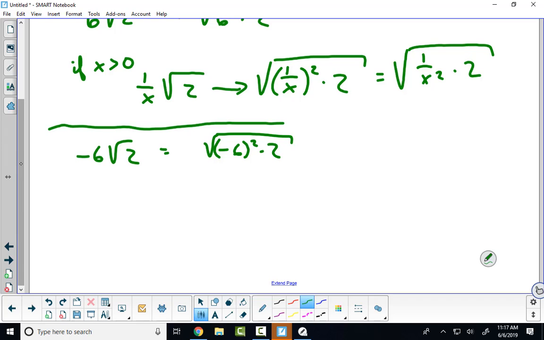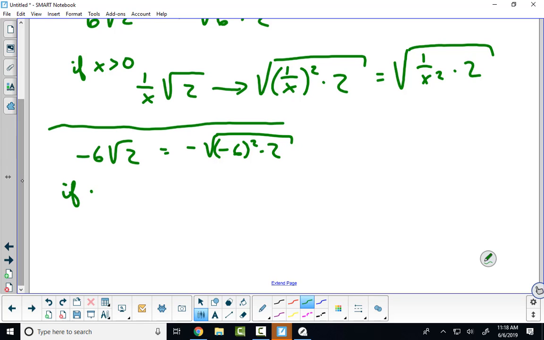Everyone see that? I brought it in and I did what with it? Squared it. But here's the issue. What was the sign on the original expression? Negative. It's a negative value. What's the sign on this value? Positive. So what needs to come out here? I need to put a negative sign there. Even though I passed that negative 6 inside the square root, I need to put a negative sign in front of the square root.